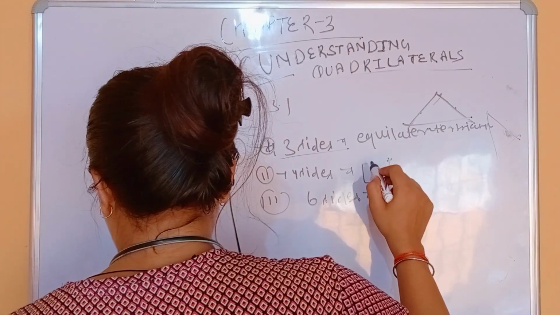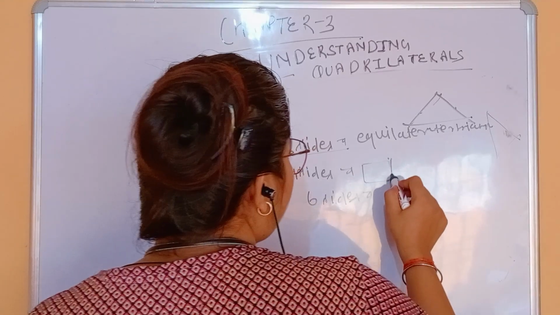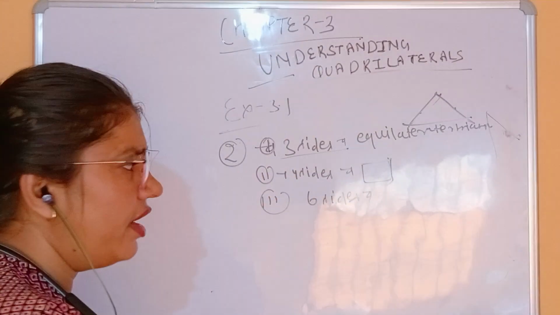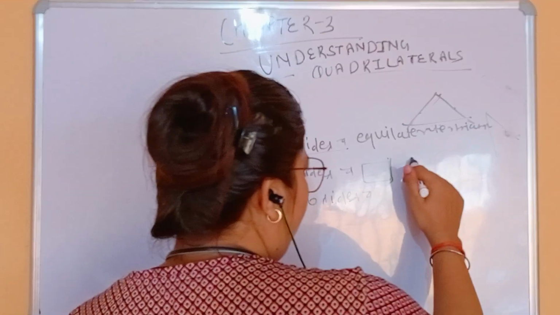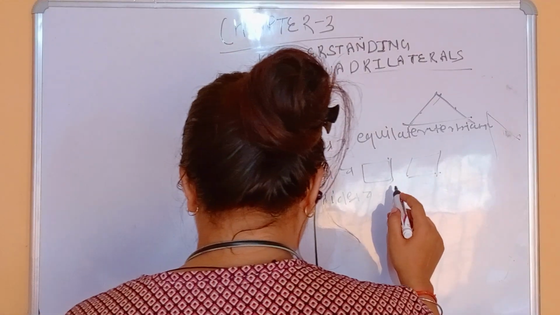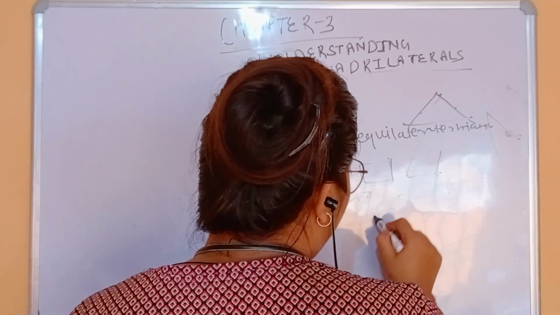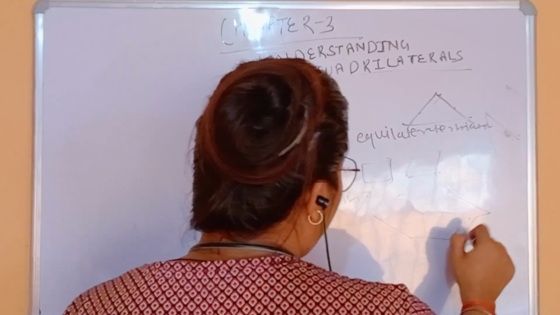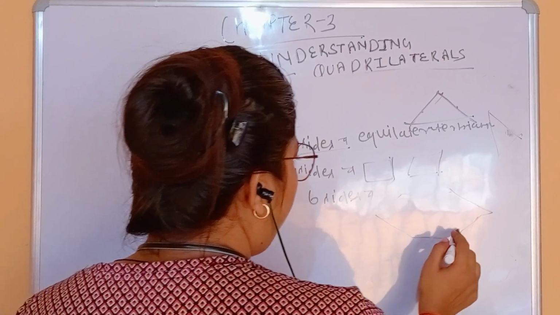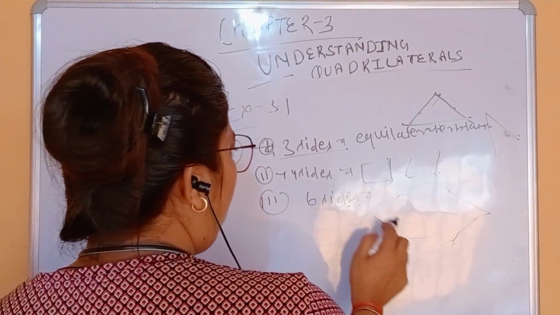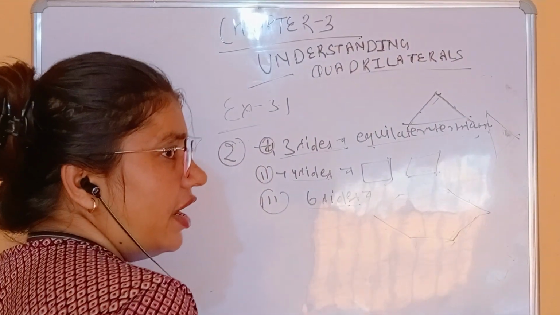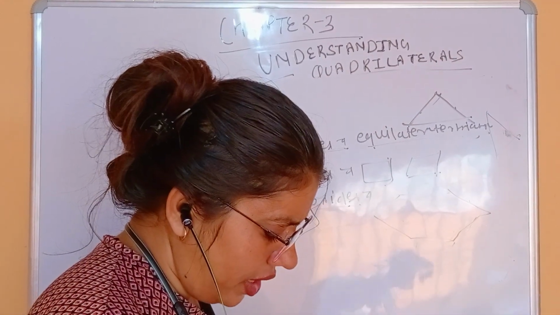In your answer write square. Or you can take square or rectangle, anything; like four-sided quadrilateral, we can easily write quadrilateral. In six-sided, hexagon, regular hexagon. Here is six-sided: 1, 2, 3, 4, 5, 6. So six sides is hexagon, four sides is square, three sides is equilateral triangle. In four-sided we can also give quadrilateral.